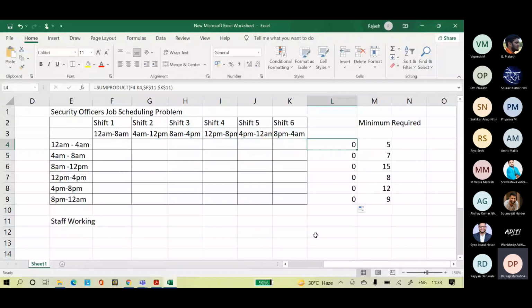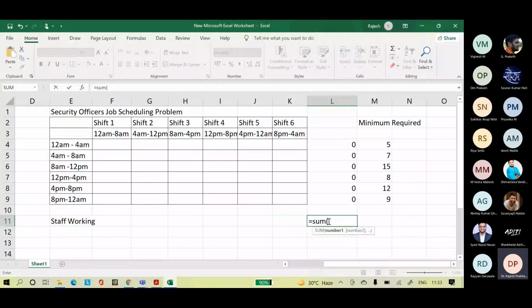So we have incorporated the formula. This is your total cell, equal to the sum of these cells.